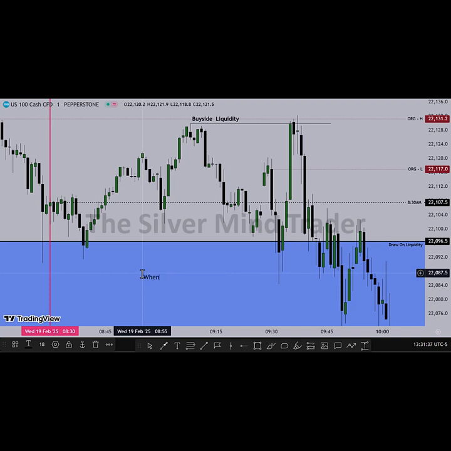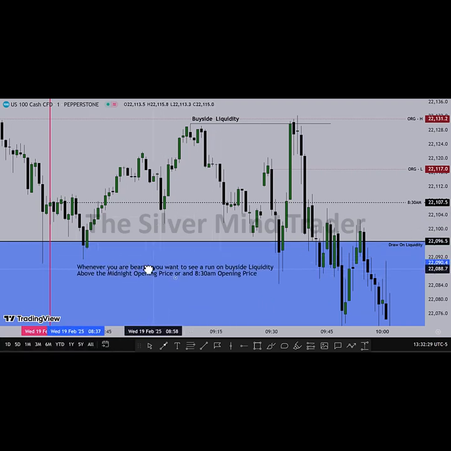Let me write this: whenever you are bearish, you want to see a run on buy side liquidity above the midnight opening price or the 8:30 a.m. opening price.